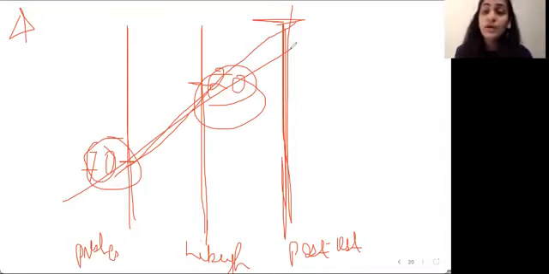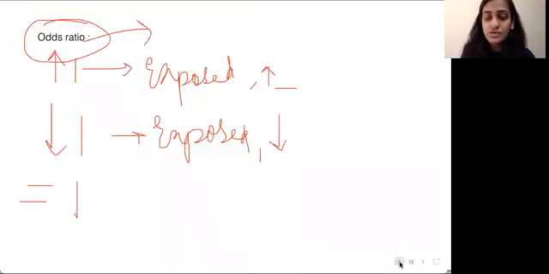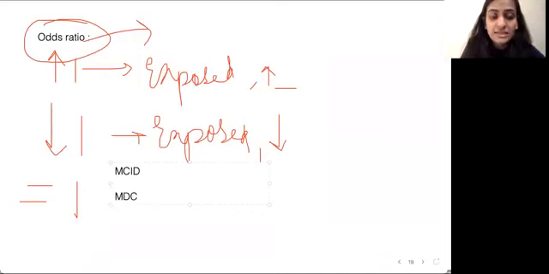Okay, one more thing which you should know. I know I said this is the last thing, but it's just a definition. One more thing that you should know, which is just a definition, is your MCID and MDC. Have you heard about the terms MCID and MDC?